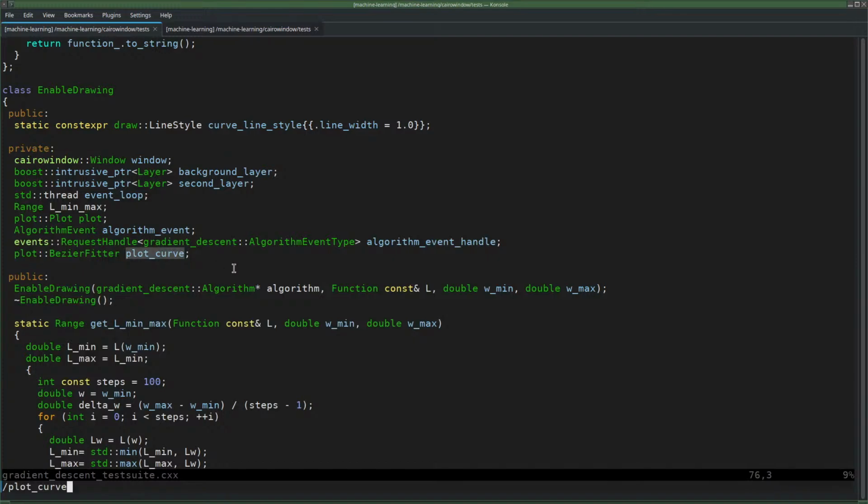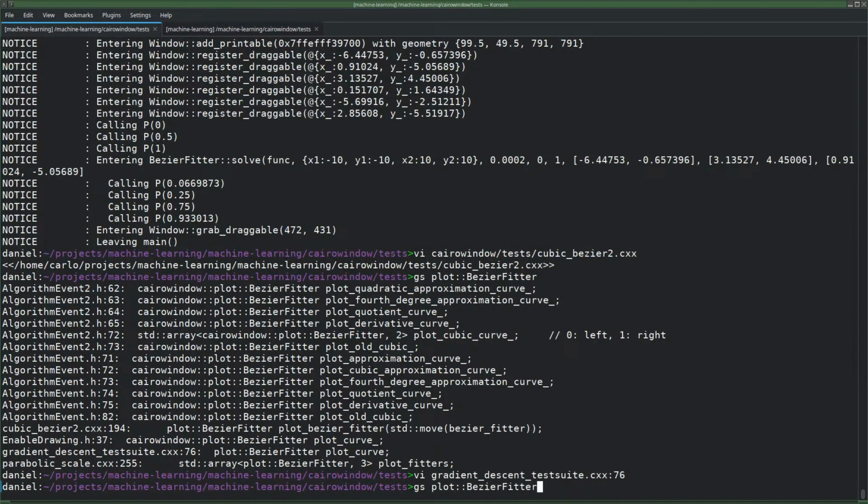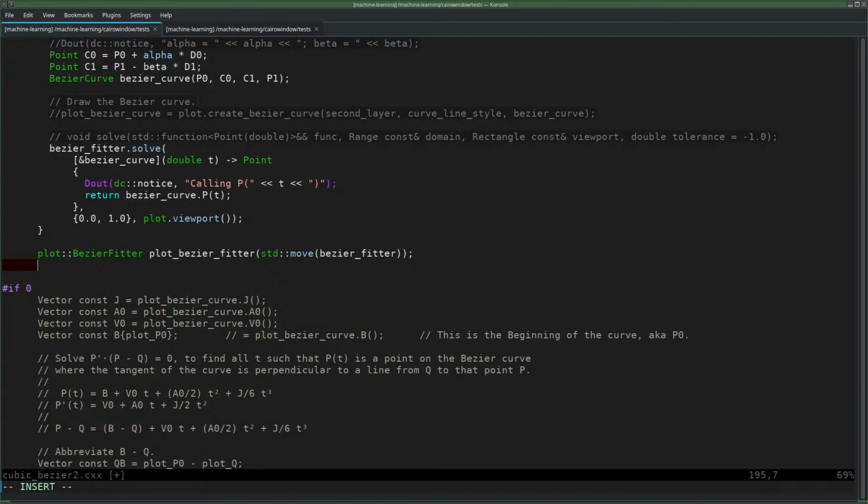Old curve. Yeah, okay, so we call solve on it, and then you still have to add it. Haha. Adding it to the plot makes it being drawn. I did call solve on this thing. It should already work.